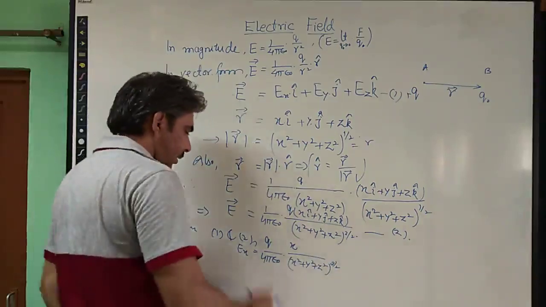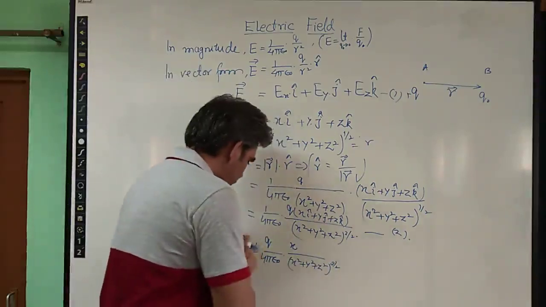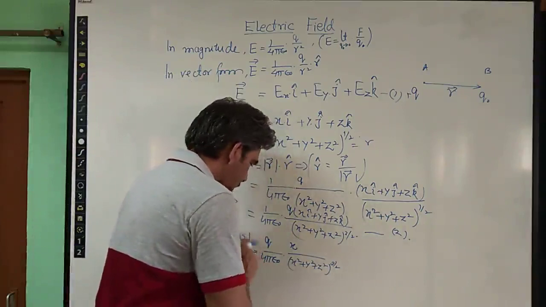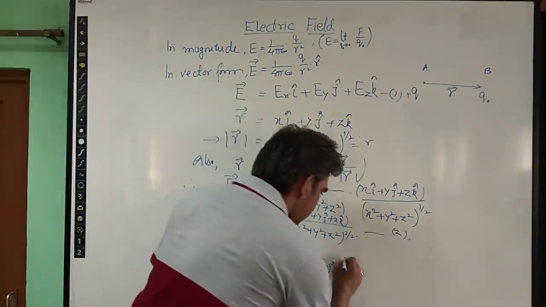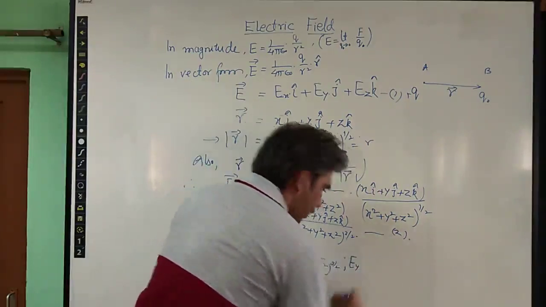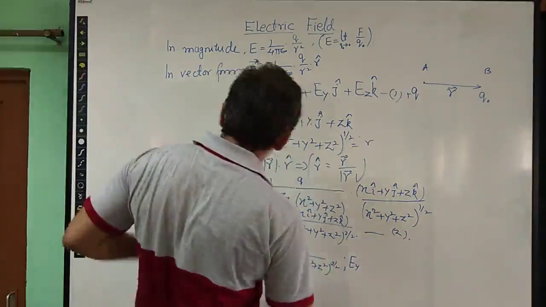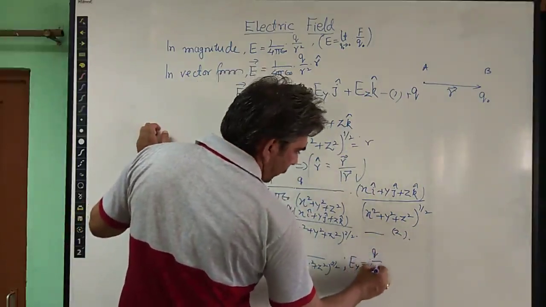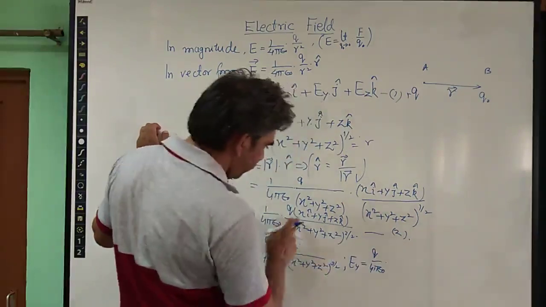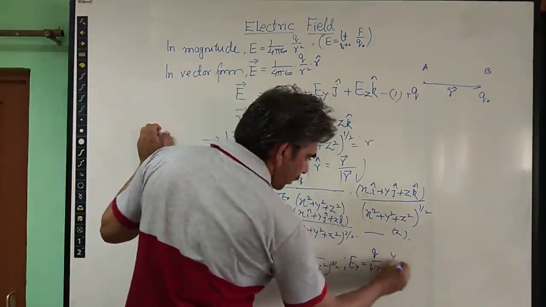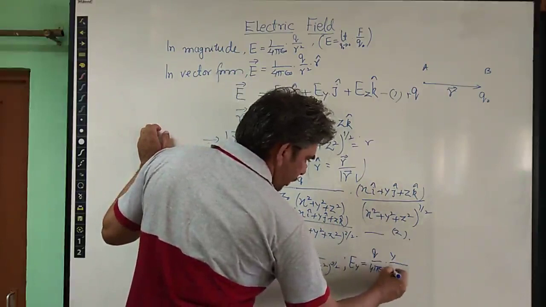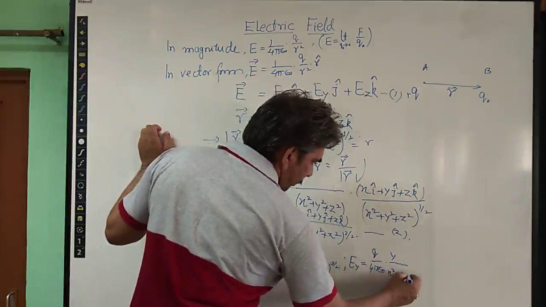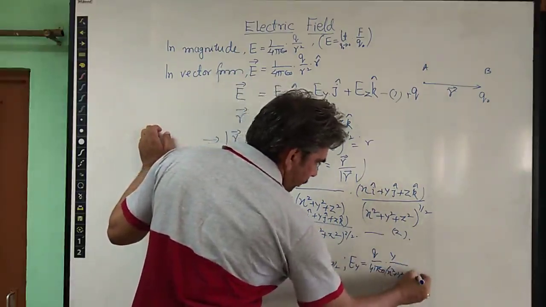Similarly, you can write the electric field in terms of its y component as q upon 4 pi epsilon naught into y upon x square plus y square plus z square power 3 by 2.